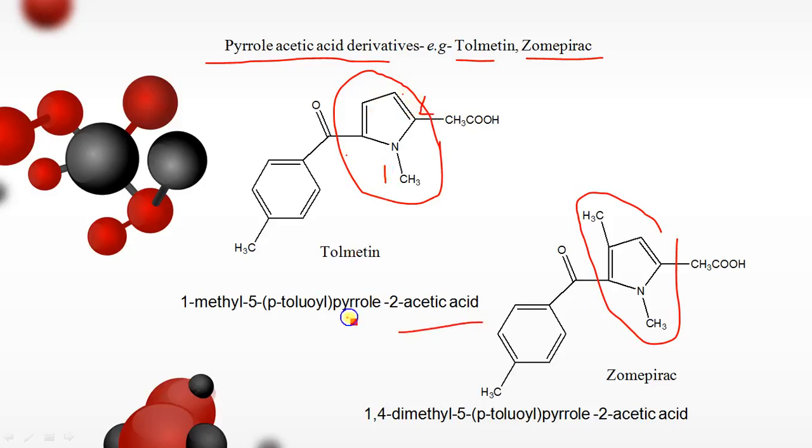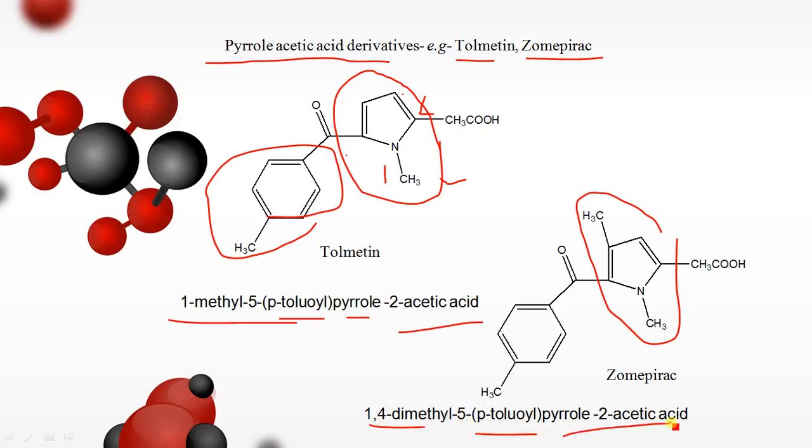It is pyrrole 2-acetic acid, para-toluyl, 1-methyl. Zomepirac is again 1-methyl, 4,5-dimethyl, 5-para-toluyl pyrrole-2-acetic acid. These are the structures of tolmetin and zomepirac. These drugs are under the heading of aryl acetic acid, the pyrrole acetic acid derivatives.